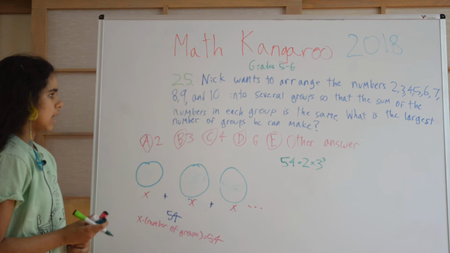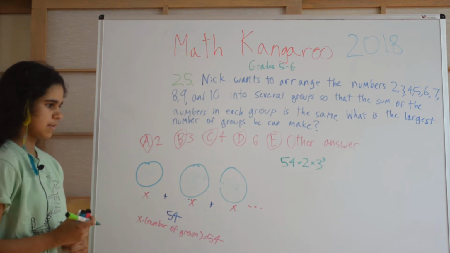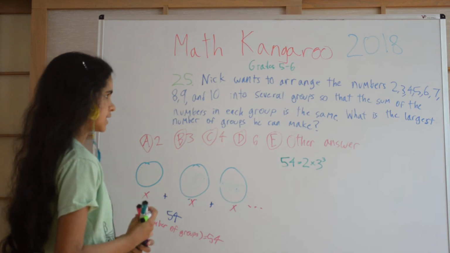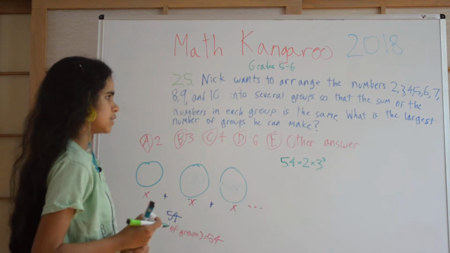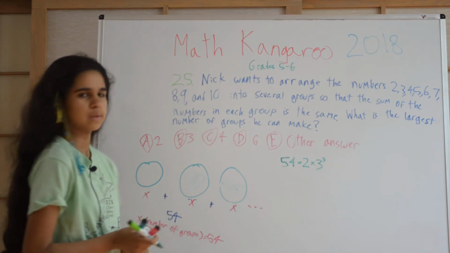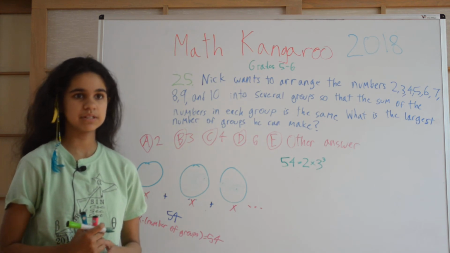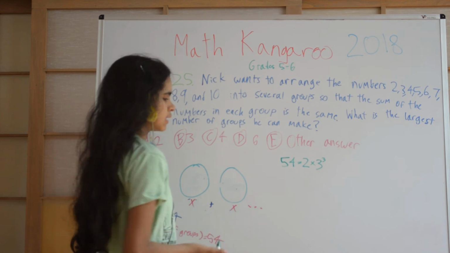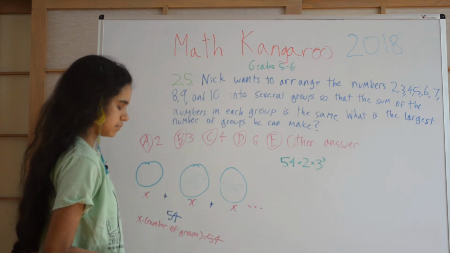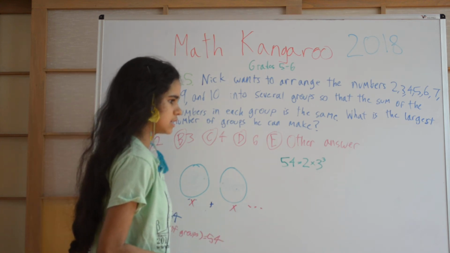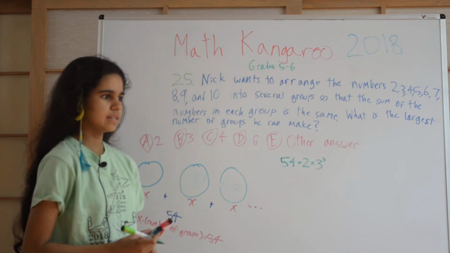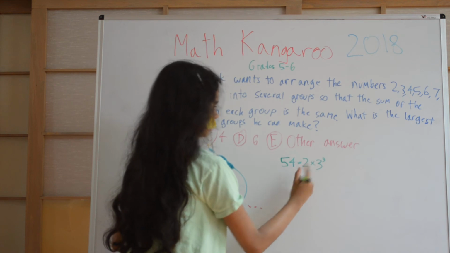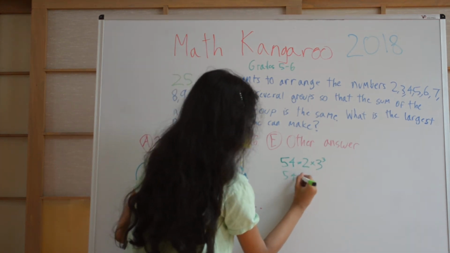So some of its factors are, we could have 2 and 27, but 2 isn't very many groups, and we can't have 27 groups. We don't even have 27 numbers. Something that seems closer to what we have is 9 and 6. 9 times 6 is 54.